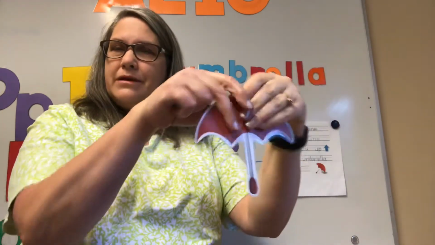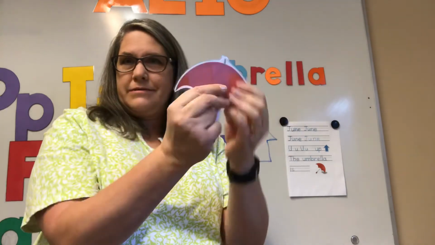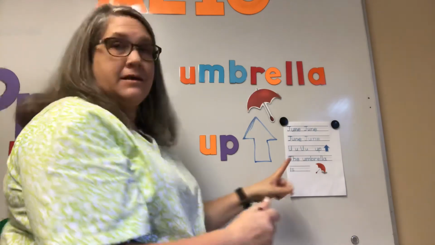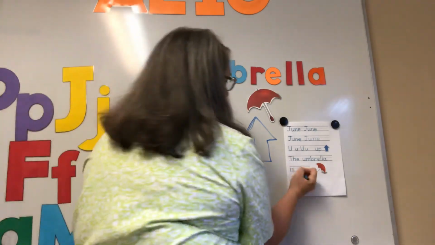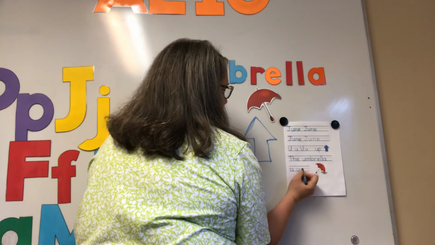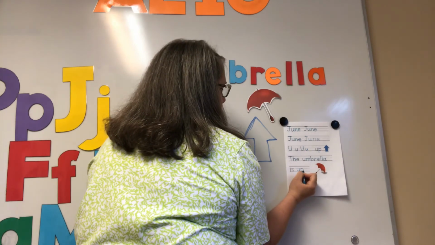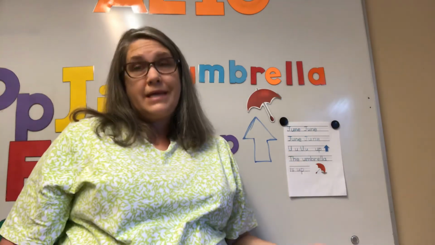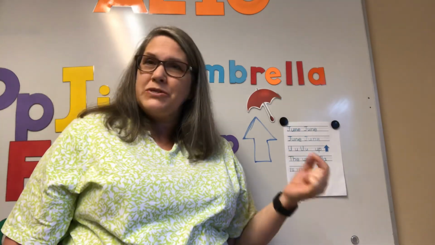When it's down, you don't see this part that protects you from the rain. It's down, and it's all folded up. So the umbrella is up, and you can write that word all by yourself. It's just U and a P, which is straight line past that and a round part there. And I already put a period, which shows you that you're at the end of the sentence. So good job finishing that sentence today.